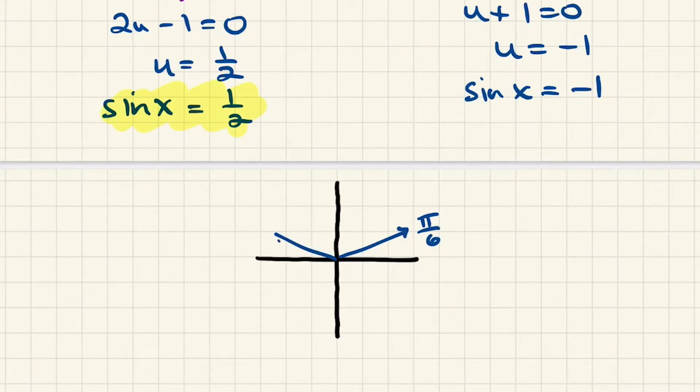And we also know that 5 pi over 6 is a second quadrant solution. Sine of either of those will equal 1/2. And those are the only two from the unit circle. Okay, looking at the other one, sine of x equal -1, we know that there is one solution, and that's right here, which is 3 pi over 2.